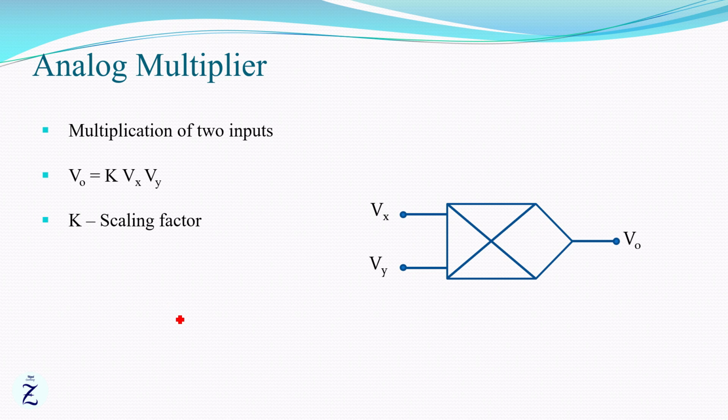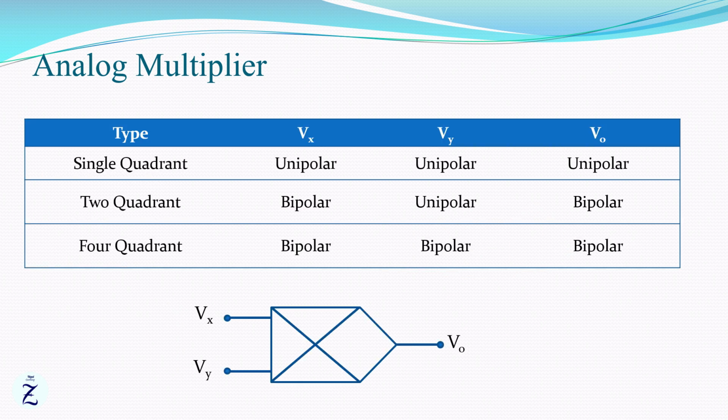Depending on the possible polarity of the input signals, analog multipliers are classified into single quadrant multipliers, where both input signals are unipolar, and therefore the output is also unipolar.